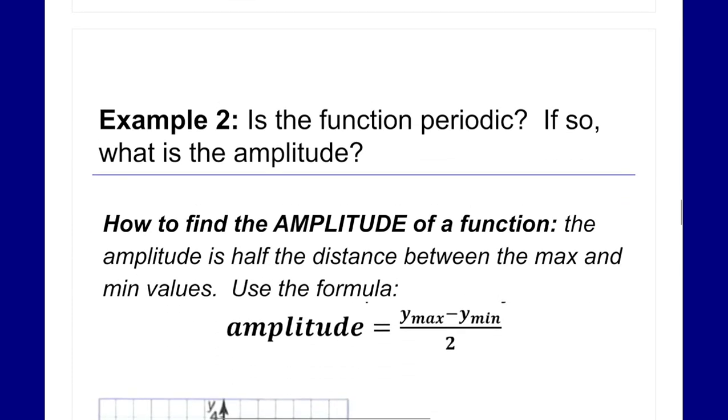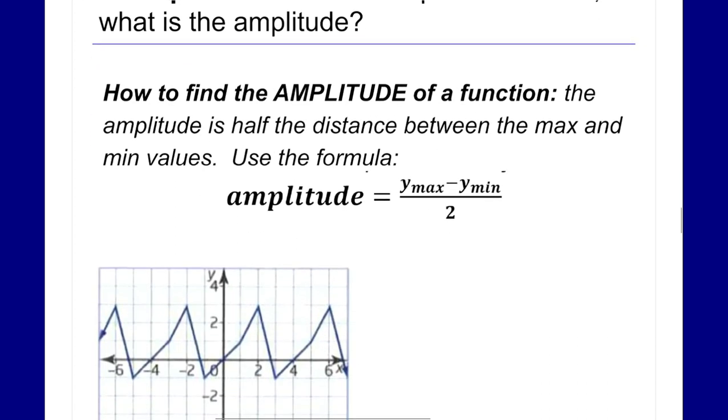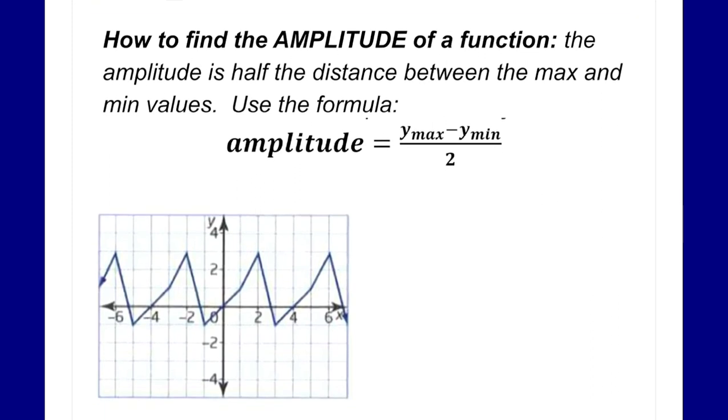Next, we're going to look at whether a function is periodic or not, and then look for an amplitude. The amplitude is, again, half the distance between the max and the minimum value. So we take the maximum value, subtract the minimum value, and then divide by 2. We're basically taking half the distance. So I'm going to look at my function here. First, I'm going to check to see if it's periodic.